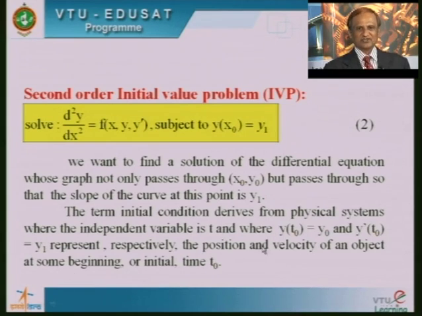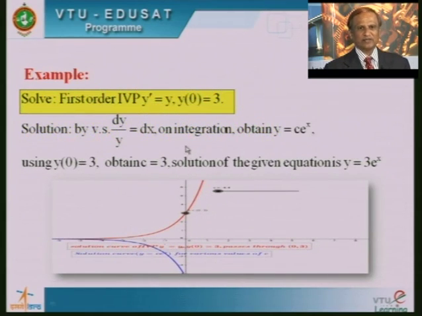So, here the initial position of a moving object may be represented by t naught and y naught, and the velocity of the object represents another condition. That is the meaning of the second order initial value problem.